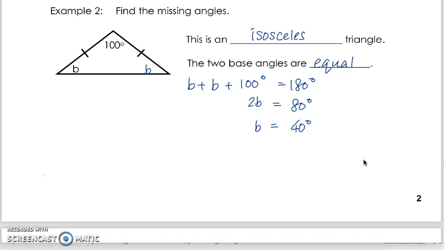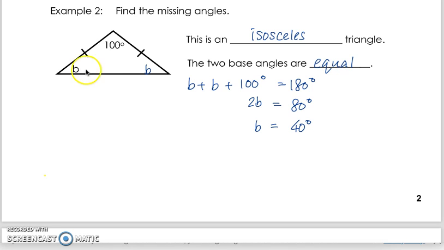Example 2. Find the missing angles. The diagram here shows us that two sides in this triangle are equal. This is known as an isosceles triangle. In all isosceles triangles, we know that we have two equal sides and also the two base angles are equal to each other.